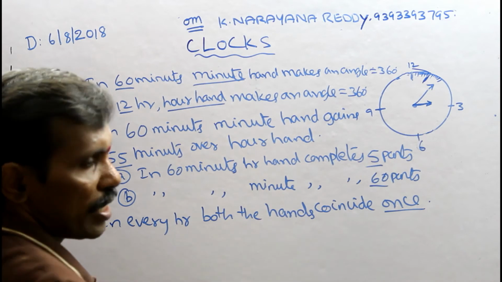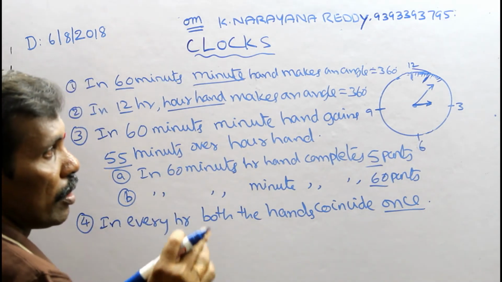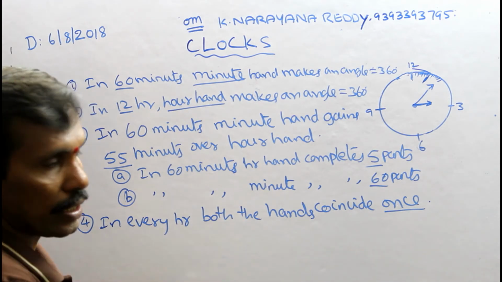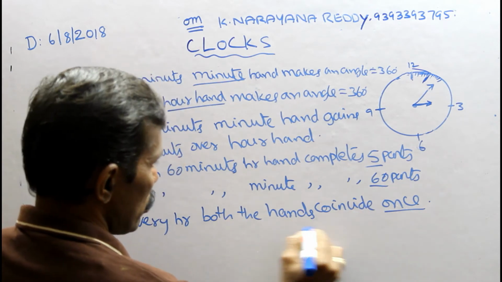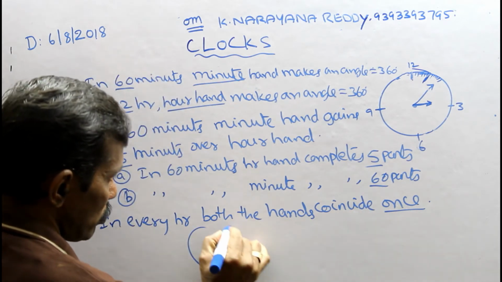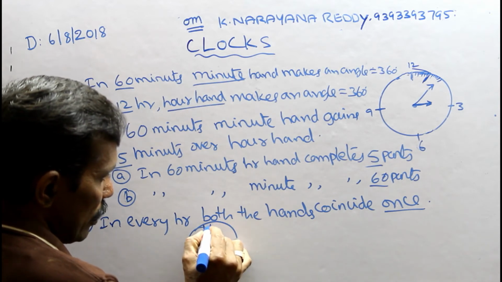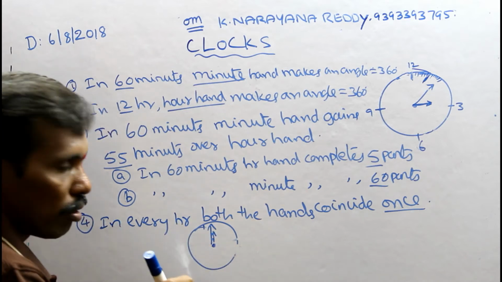Those are straight lines. Whenever the hands coincide, and at the time of opposite direction, I will tell that. For example, take this one. See here, this is the minute hand, this is the hour hand. Both coincide at the time of 12.